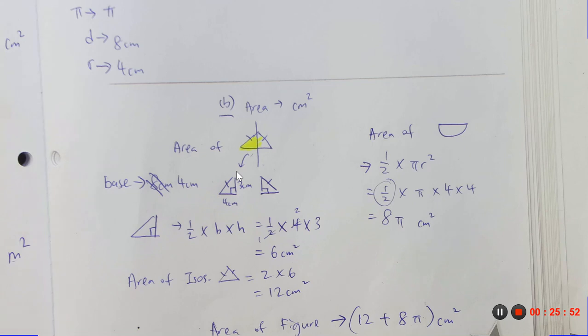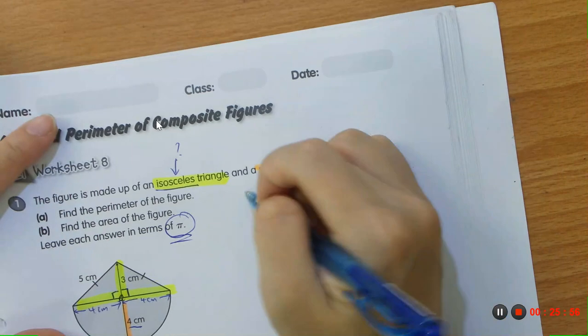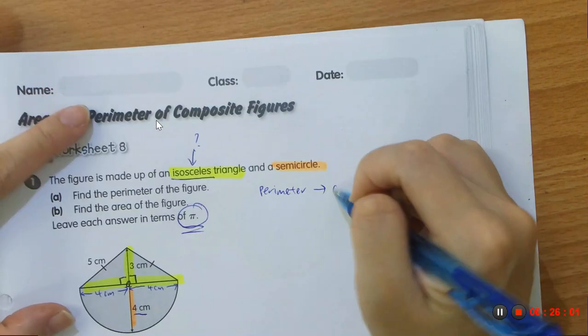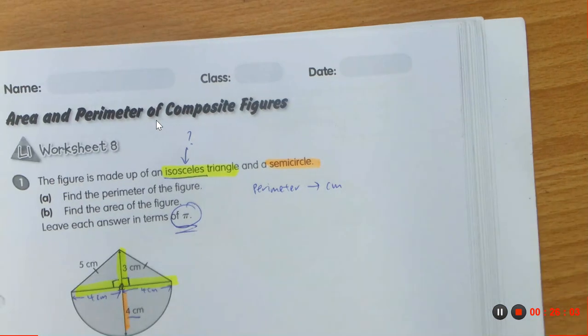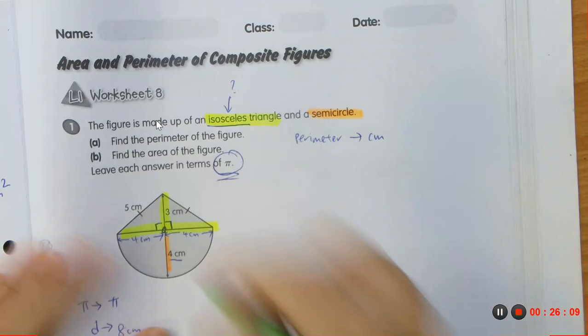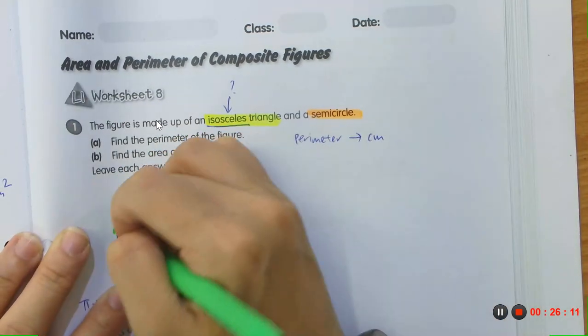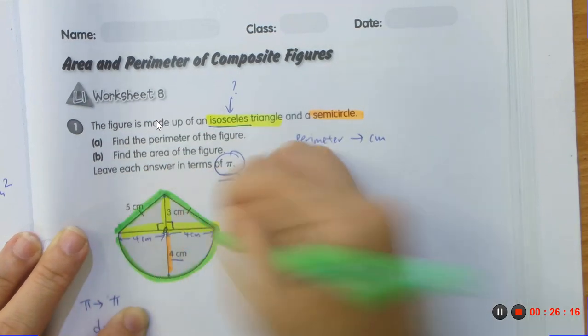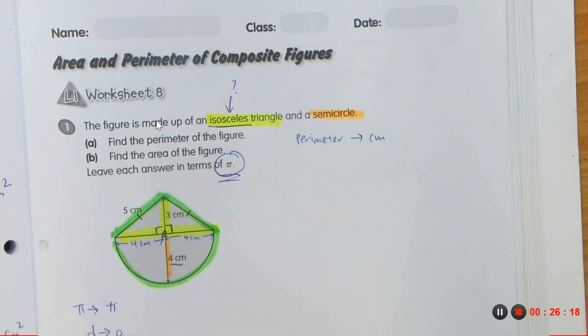Okay, let's go to the perimeter. Here the perimeter, the unit of measurement should be centimeter. Okay, to help me with recap perimeter, I will be looking for the outline of this shape that I highlighted in green.